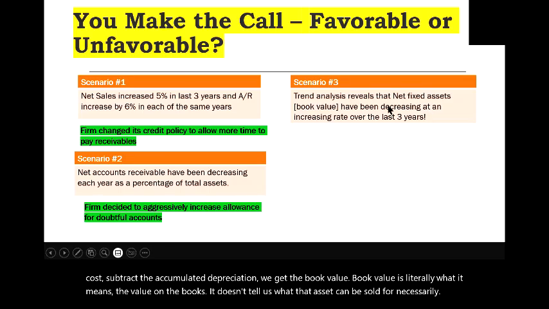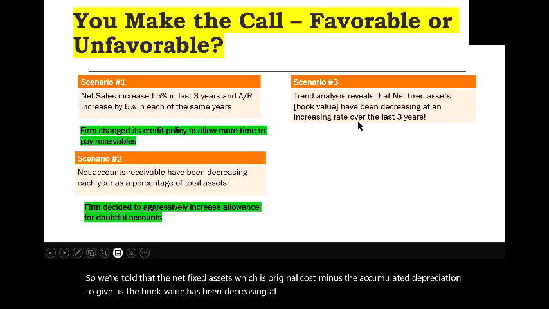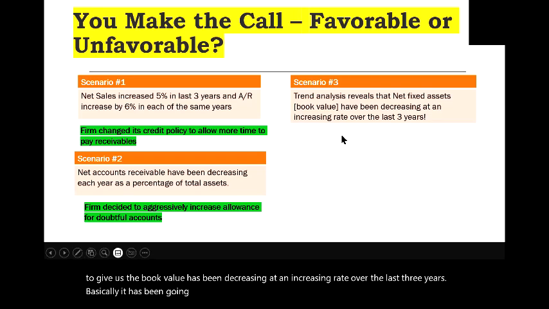So we're told that the net fixed assets, which is original cost minus the accumulated depreciation to give us the book value, has been decreasing at an increasing rate over the last 3 years. Basically, it has been going up and it's going up faster each year.